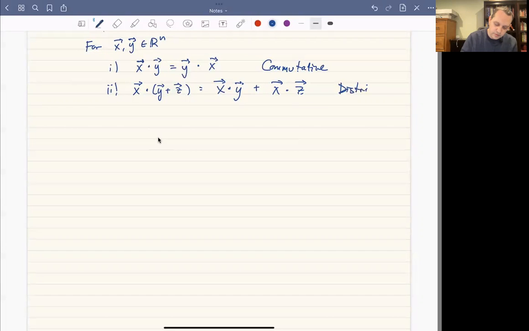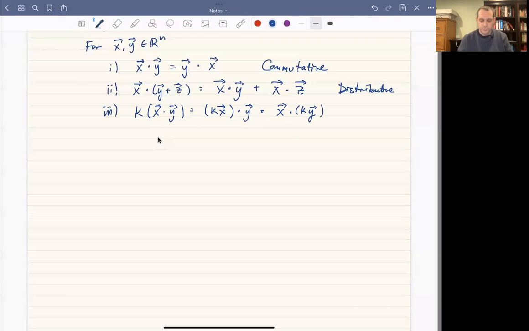Let me write distributive before I forget to. There's an associative property, which says that if I were to take a constant and multiply by the dot product of x and y, that's the same as taking the scaled vector k times x and dotting it with y. And that's the same as taking x and dotting it with k times y. Right, so there's this associativity property.